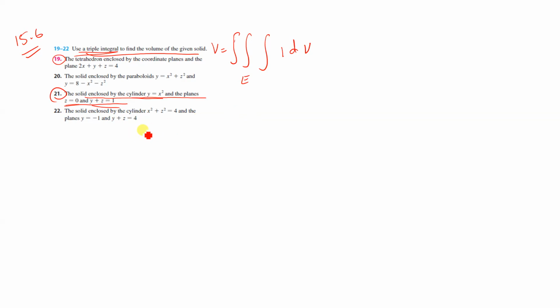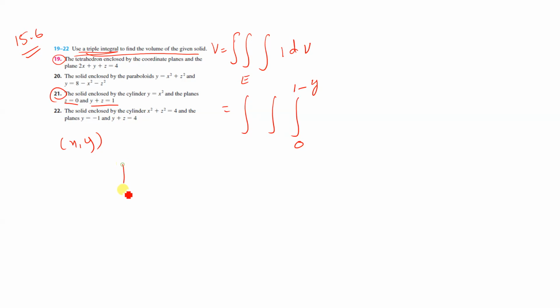So first of all, find the limits for z, and you can see from these two equations, z is bounded below by 0 and z is bounded above by 1 minus y. So 0 to 1 minus y, and then we have to find the limits for x, y.